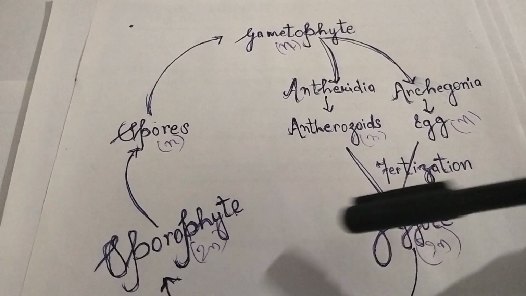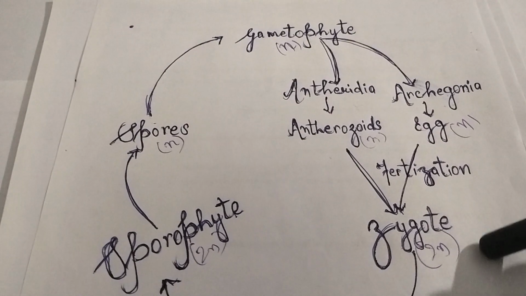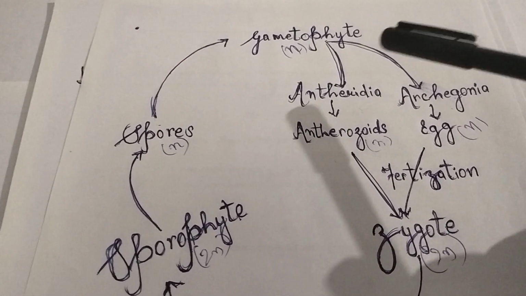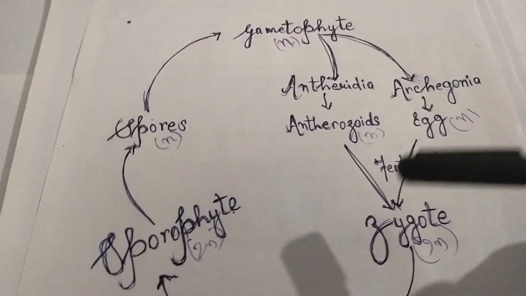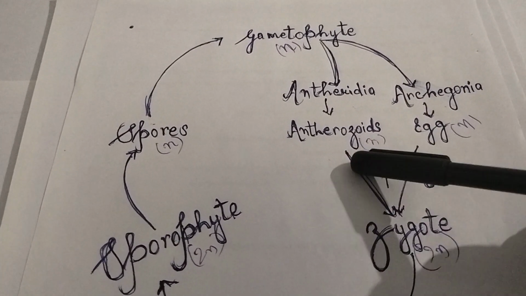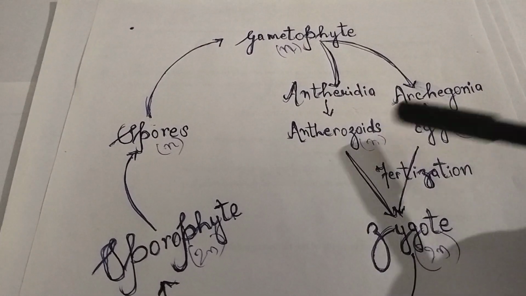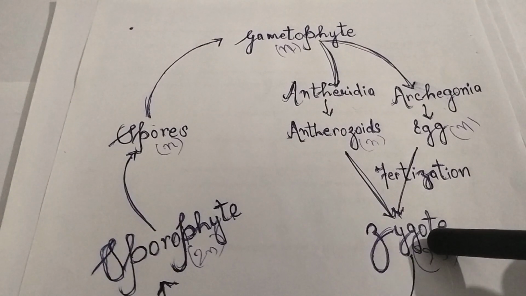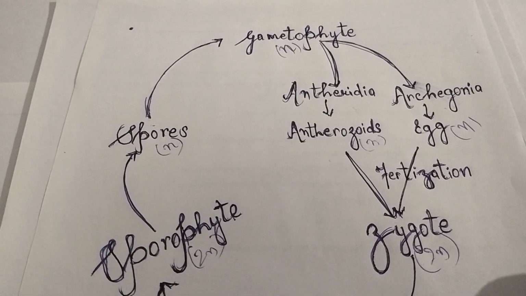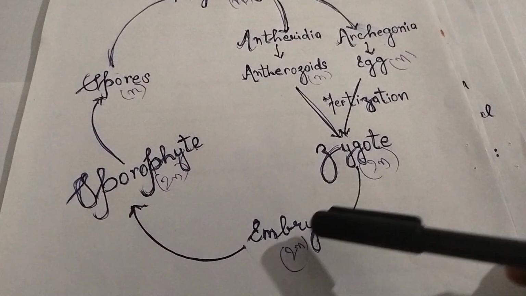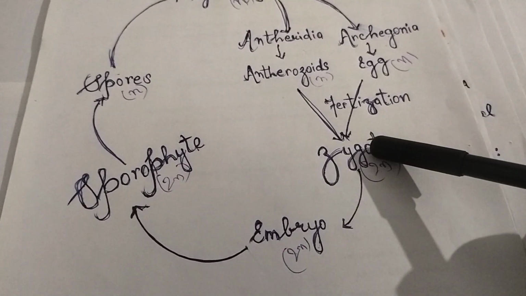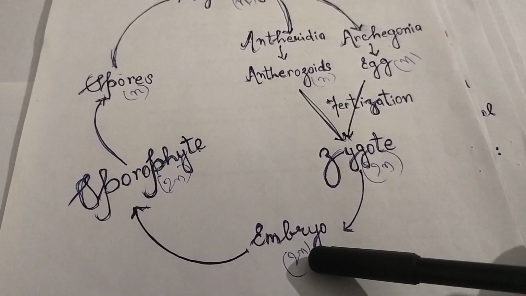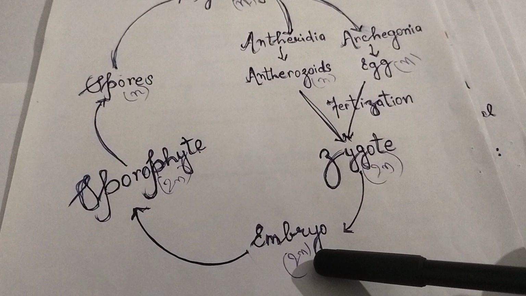And the development of zygote into a young embryo takes place in the female gametophyte. Antherozoids reach the egg, zygote is formed, and this zygote develops into the young embryo, and this development takes place in the female gametophytes.